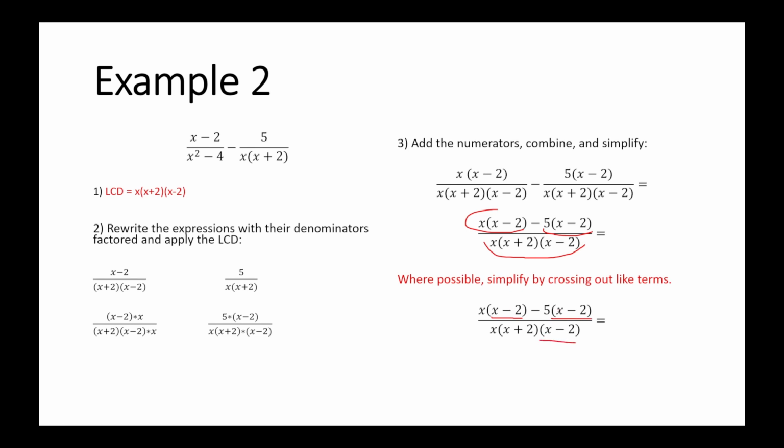If all 3 of these terms have something in common, and only if all 3 of them have something in common, you are allowed to cross them out. So this goes away, this goes away, this goes away. Everything else remains. This is the same if you have a constant. If all three of these terms had a 2 in common, you would just cross the 2 out. Divide each one by 2. So what you're left over with is x minus 5 on top, and then the x times x plus 2 left over.